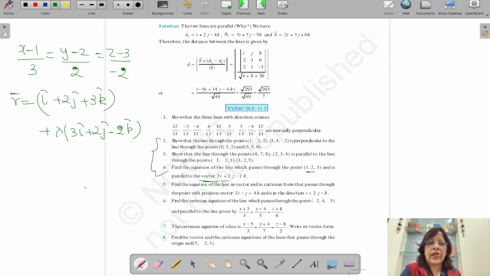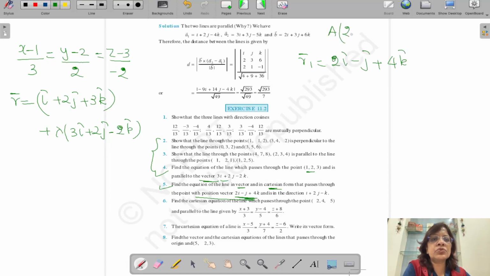Okay. Now, next question. Fifth one. Find equation of line in vector and Cartesian form that passes through the point with position vector. अब ये point का position vector दिया है, means what is this point given? ये r1. r1 in terms of component it is given 2i minus j plus 4k. अगर ये component है मतलब what is the fixed point?